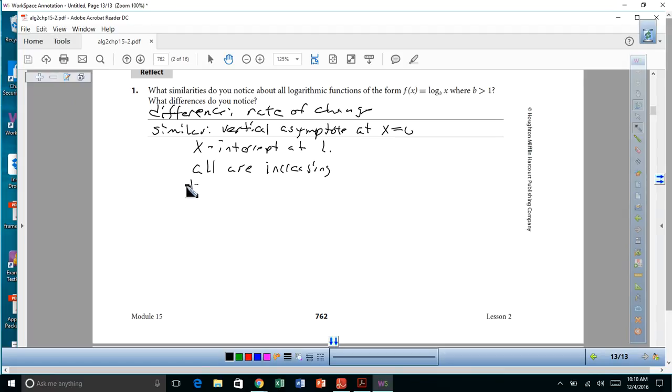They have the same end behavior. Okay, I believe that ought to about cover it.